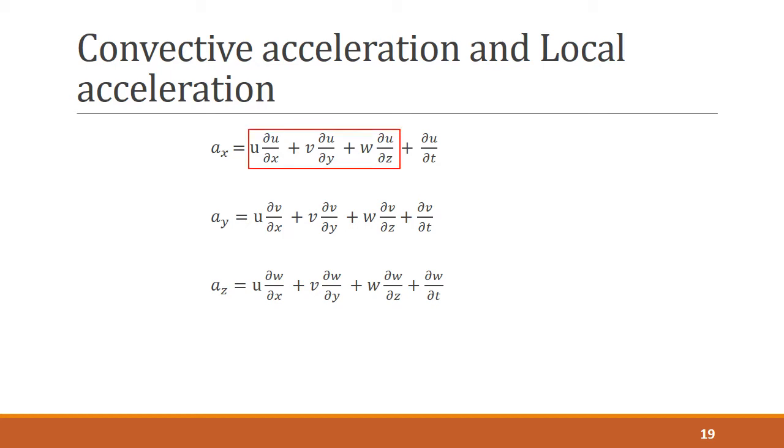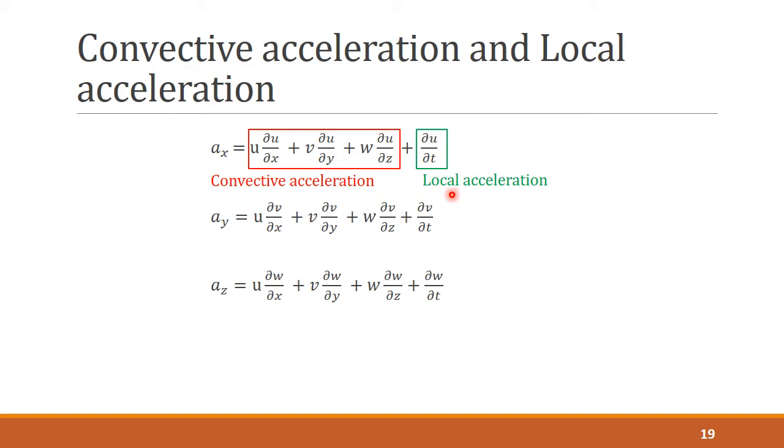Now, this particular component of ax, u dou u by dou x plus v dou u by dou y plus w dou u by dou z, where the acceleration is obtained by differentiating with respect to space, is known as convective acceleration. And that part of velocity, when differentiated by time to obtain acceleration, dou u by dou t, is known as the local acceleration.